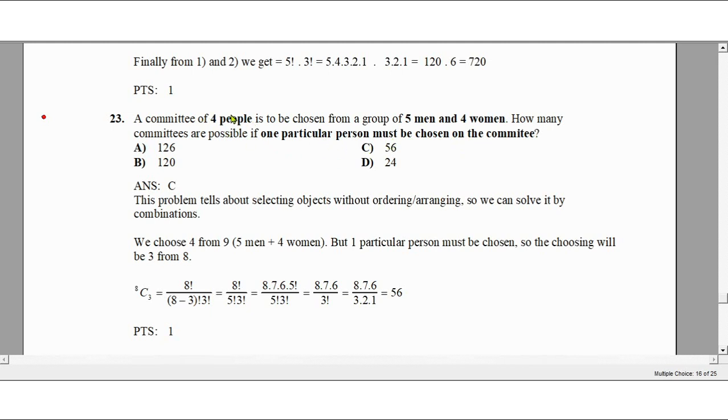So there's no need to choose 4 people anymore, but 3. Because we already chose one person, it's not 9 anymore, but 8, and this is not 4 anymore, but 3. So it simply is choose 3 from 8. By using the combination formula, we got 56.